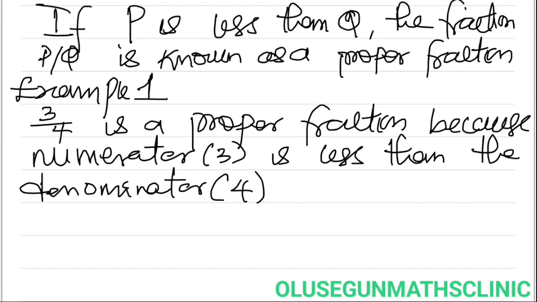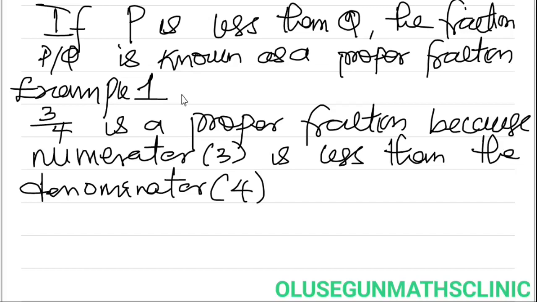So let's have Example 1. 3 over 4 is a proper fraction because the numerator 3 is less than the denominator 4. As I said earlier, a fraction is denoted by a numerator and a denominator.